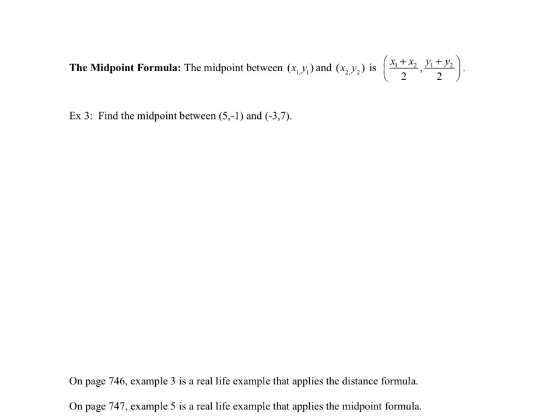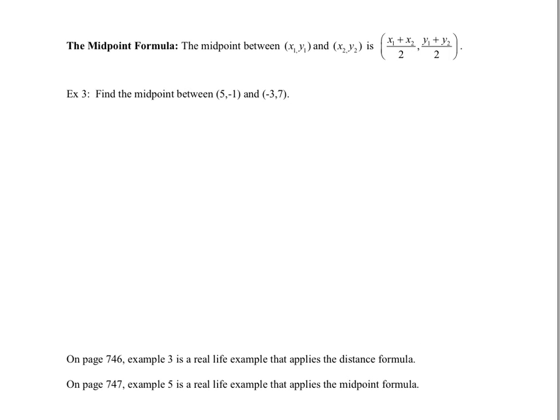The midpoint formula is basically when you find the midpoint of 2 points, x1, y1, and x2, y2. You're finding the average of the x values and the average of the y values, so you're adding them together and dividing by 2. So if we want to find the midpoint between 5, negative 1, and negative 3, 7, we're going to take the x values, 5 and negative 3, add them together and divide by 2 to find the x value of our midpoint.